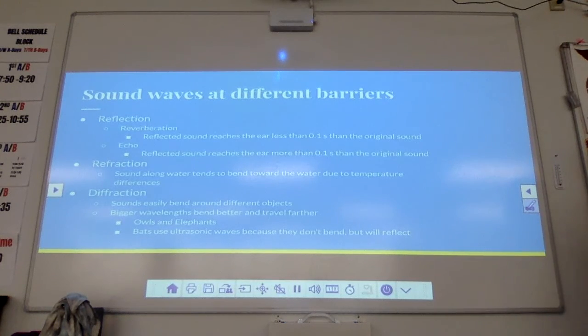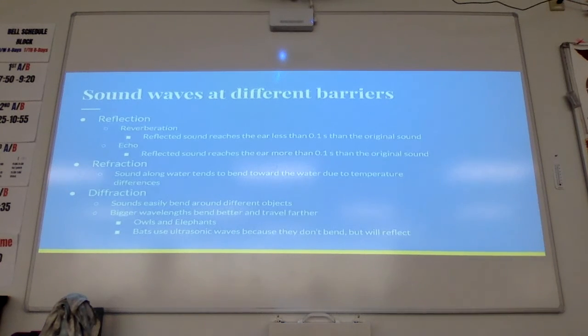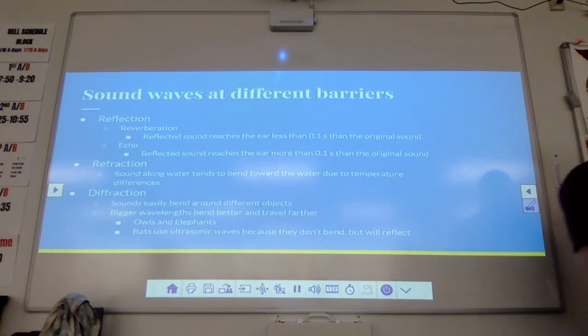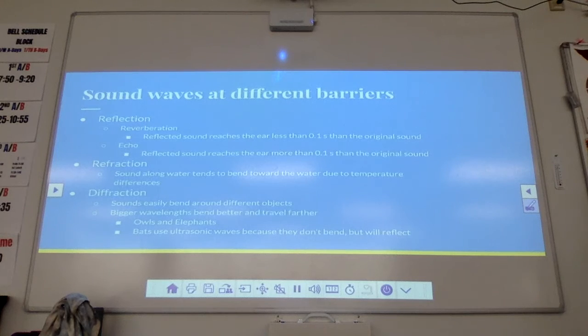Refraction is pretty rare in sound unless you have a change in temperature. And we see this best on a lake. So sound along water tends to bend towards the water due to the temperature differences. As you get closer to the water, it tends to be cooler. Water has a high specific heat, which means it pulls heat into it really well.